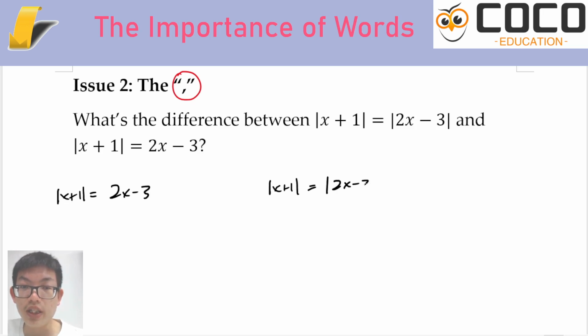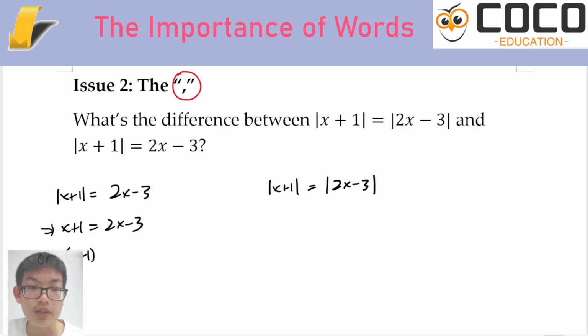This is the absolute value of 2x minus 3. Both times you're probably going to give me something like x plus 1 equals 2x minus 3, or negative x plus 1 equals 2x minus 3. And I am very sure that most of you will write the same thing for the other one as well.